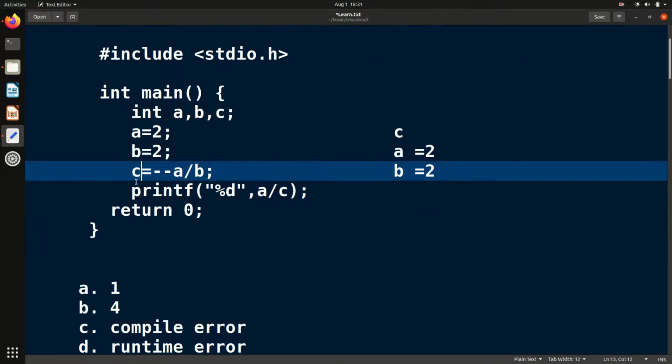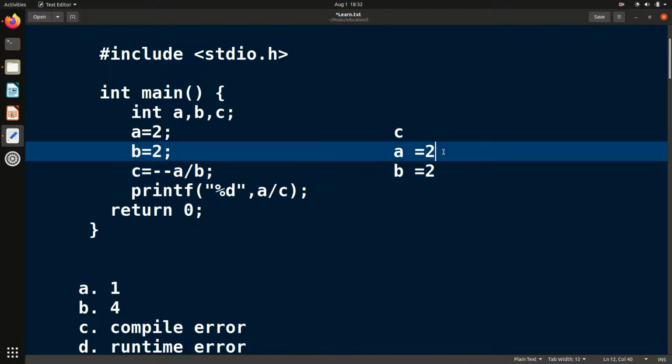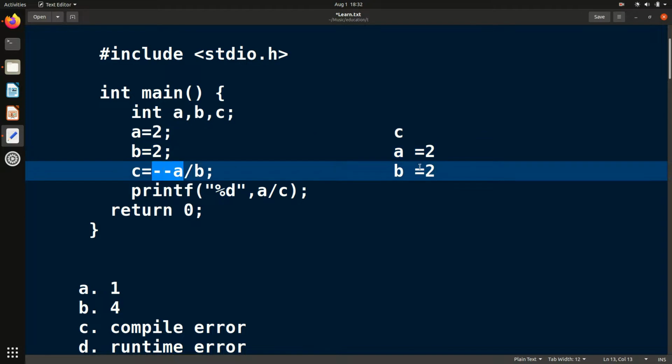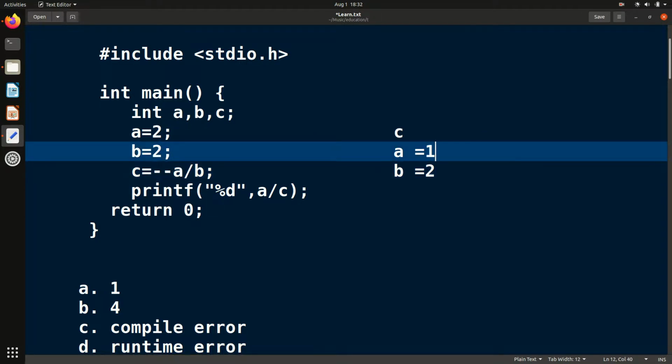Now it is asking c equals minus minus a divided by b. I hope all of you are aware of this symbol, minus minus. It basically reduces the value by 1, so minus minus a will reduce the value of a by 1. Initially the value of a was 2, so after this it will become a equals 1.